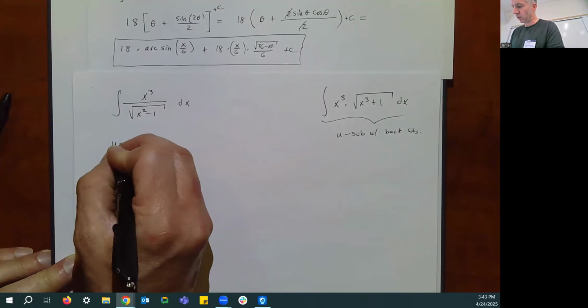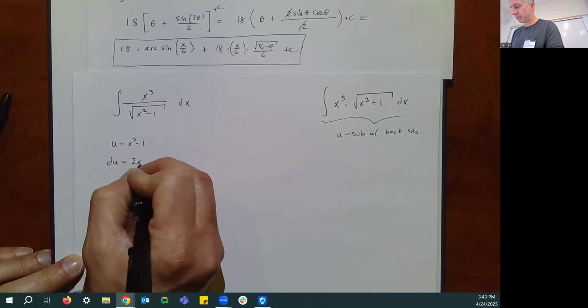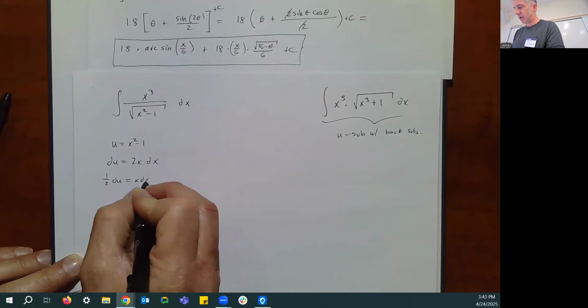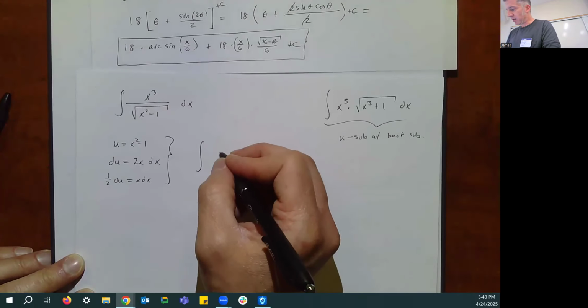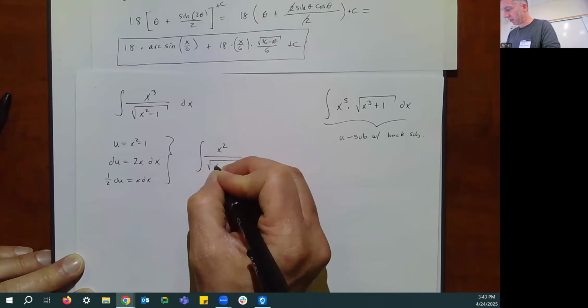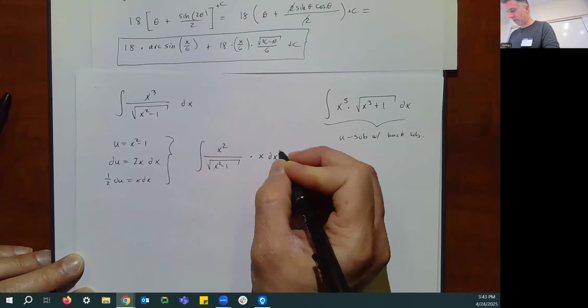We're going to let u equal x squared minus 1. Our du is 2x dx, so 1/2 du is x dx. I can rewrite my integral as x squared over the square root of x squared minus 1 times the other x times dx.